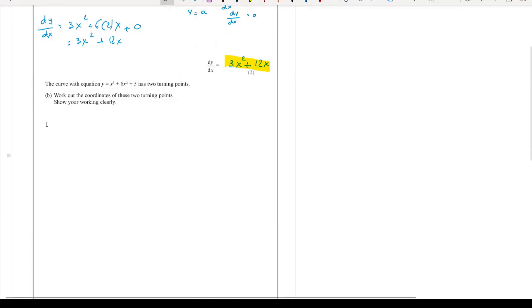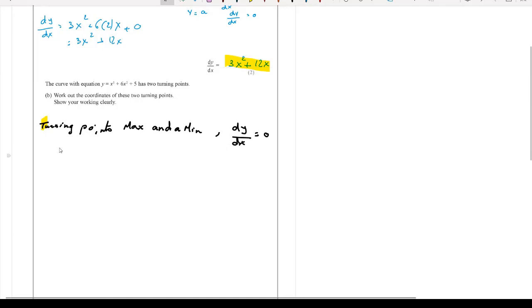The turning points are either a maximum or a minimum, and they are the points where the slope or the gradient of the curve is 0. So dy by dx is equal to 0 at those points.